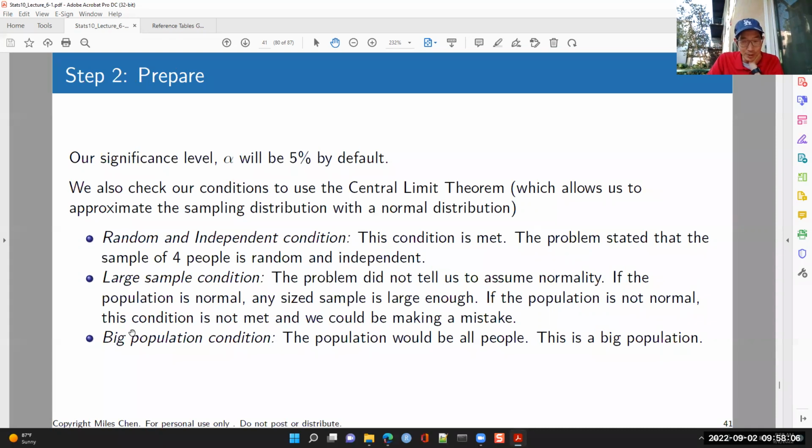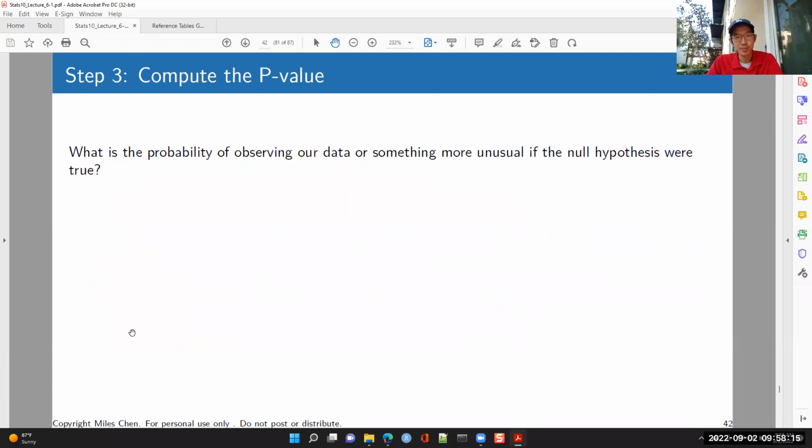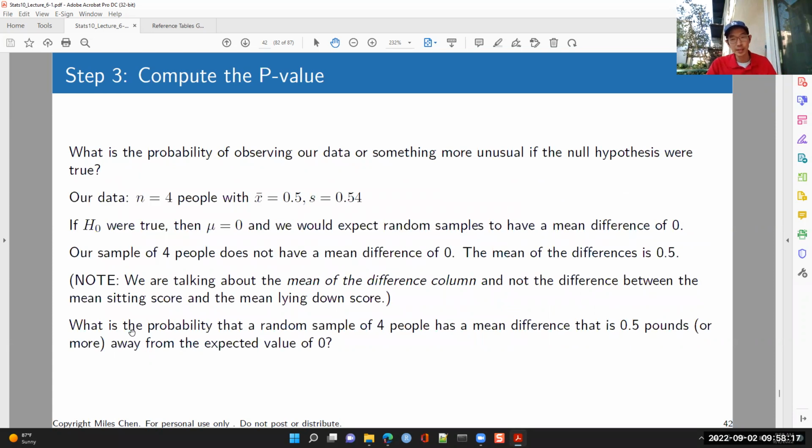If you're able to do a hypothesis test for one sample, this will be it, okay? So check your conditions. We'll compute the p-value. If the null hypothesis were true, we would expect our difference column to be 0. We're asking, is the mean difference 0?